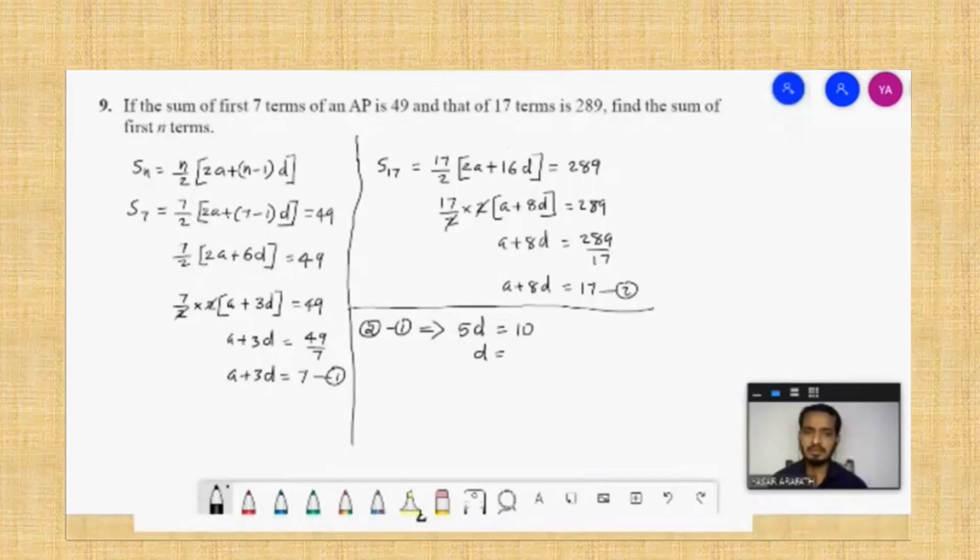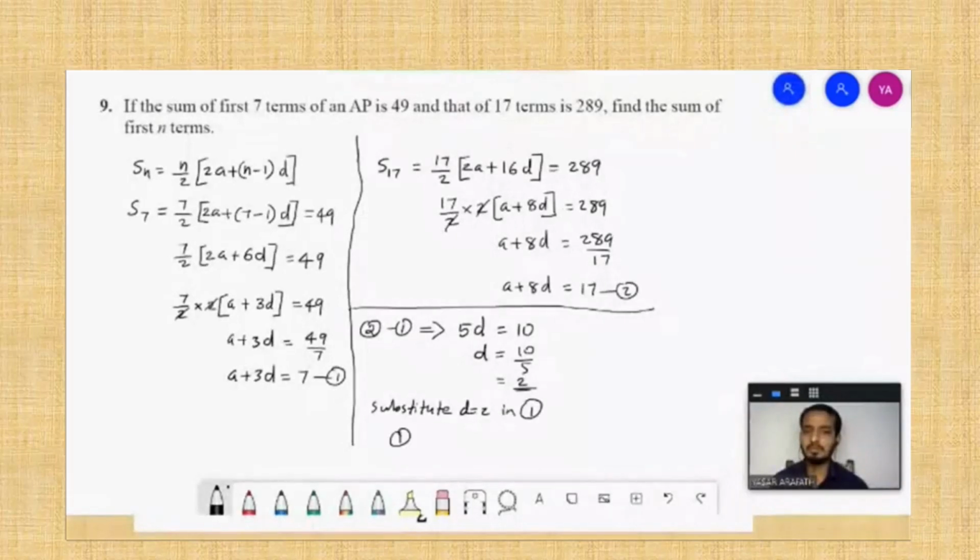So d is equal to 10 by 5, and that is equal to 2. So we got the common difference of this arithmetic progression. So now we can substitute this value of d is equal to 2 in equation number 1 or 2 to get the value of a. So here I substitute d is equal to 2 in equation number 1.